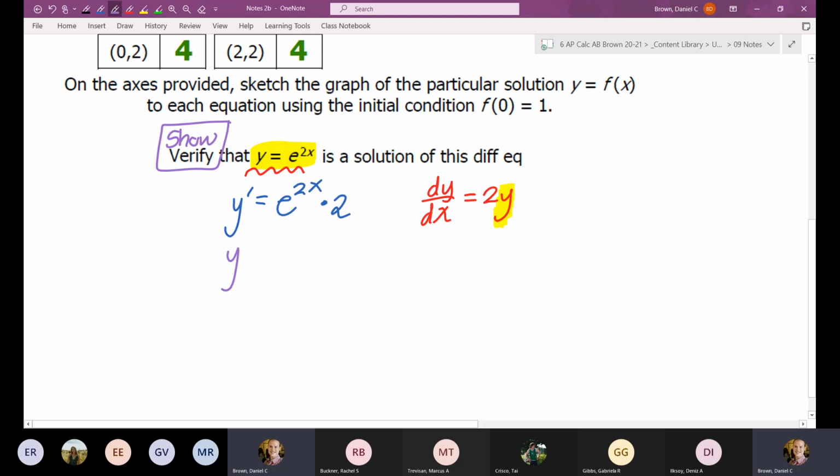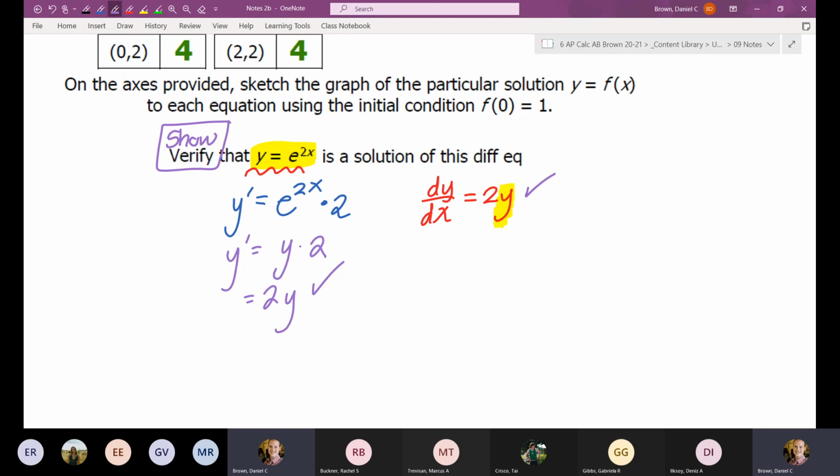So y prime is equal to y times 2, which is clearly the same thing as 2 times y. Once your two sides are the same, you have verified. You don't need to write words, you don't need to explain it, you just have to show it. Students try to make that more complicated than it is. But again, whenever you see the instruction, the two sides are the same. You just have to start plugging in things and doing stuff until they are the same.